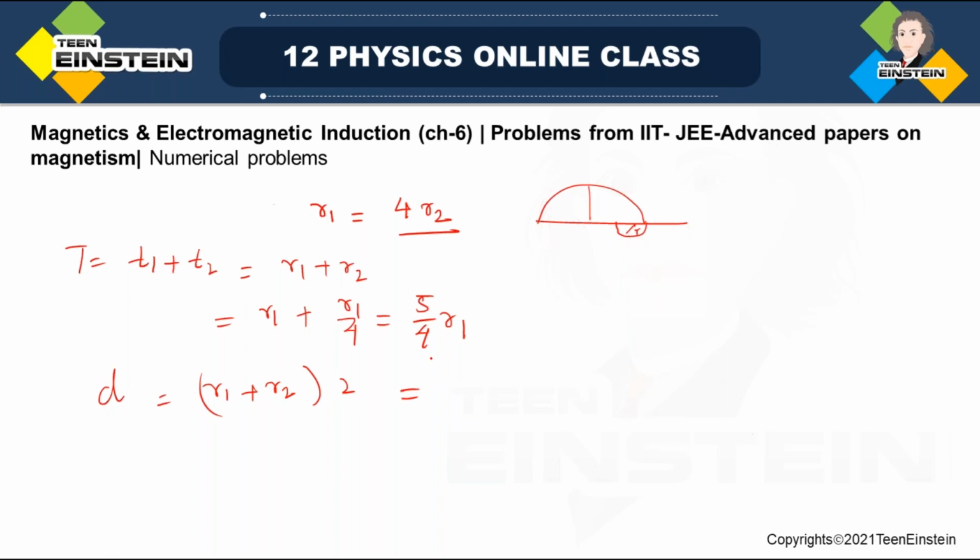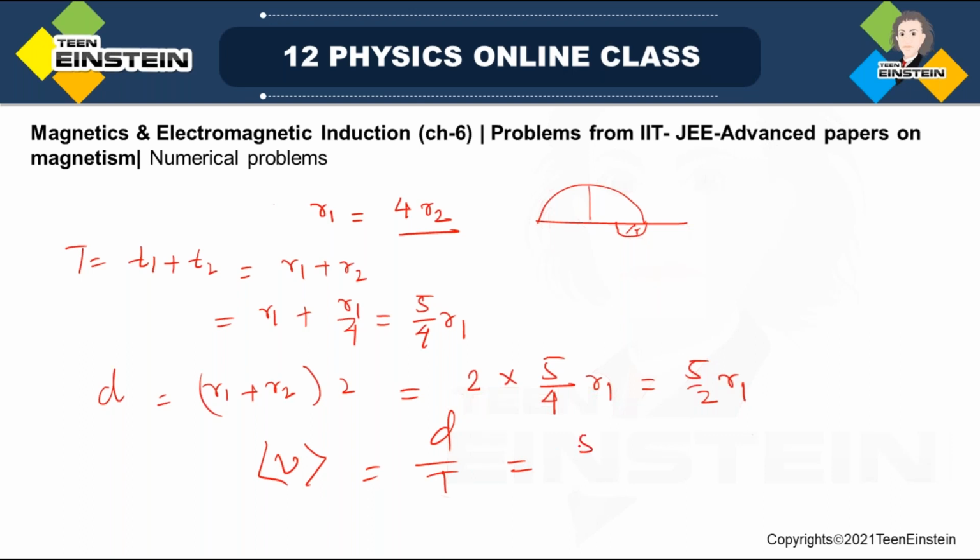So the total distance is 2 into 5 by 4 R1, so it is 5 by 2 R1. Now we have average speed as d by total t.